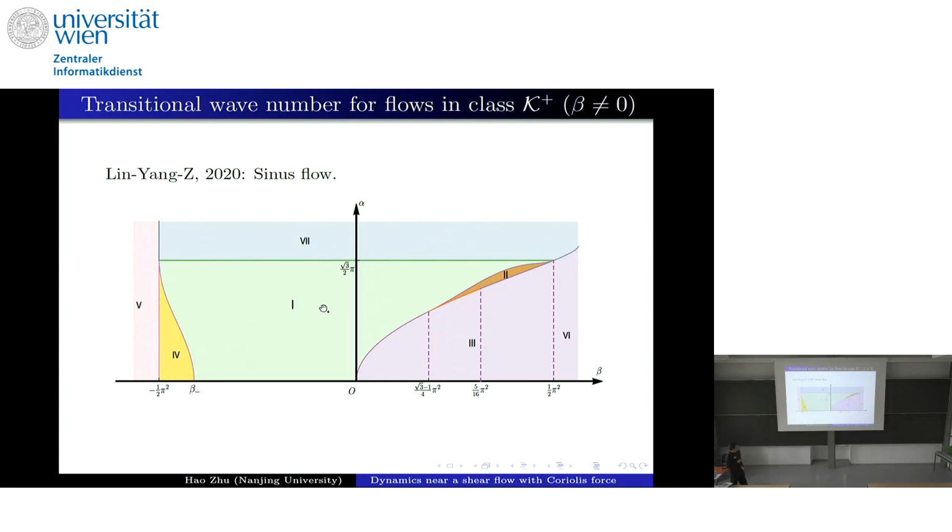The unstable region is I. For all (alpha, beta) in I, the linearized equation is unstable. I mean, the shear flow is linearly unstable.